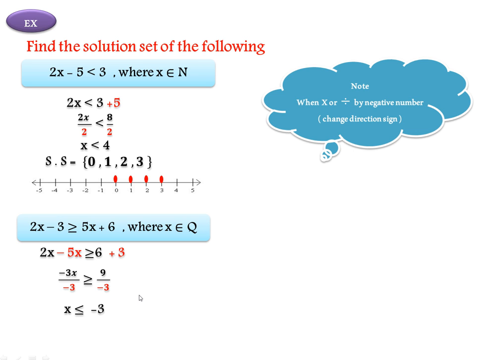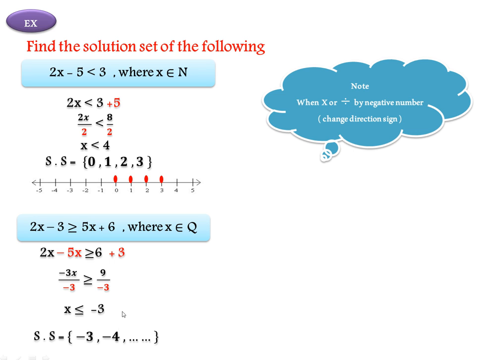Then x is less than or equal to negative 3, so the values are less than negative 3: negative 4, negative 5, and so on. But here we take negative 3 with us. Why? Because we have the equality sign, so we include negative 3.